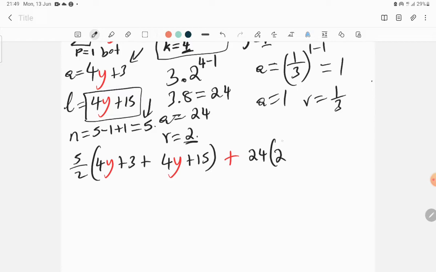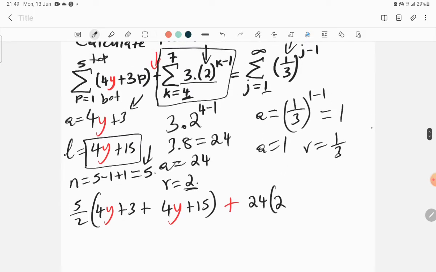Then to the power of n, our n is the number of terms. So the number of terms is n is equal to the top number, which is 7, top number minus the bottom number, then plus 1. So it's always like that.